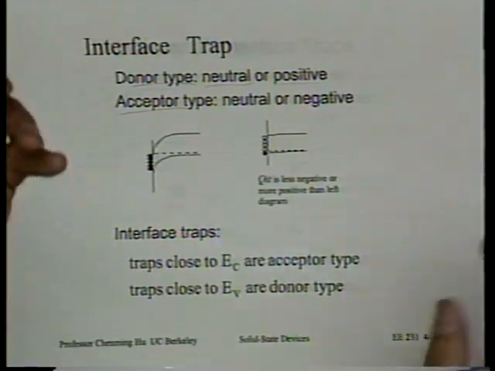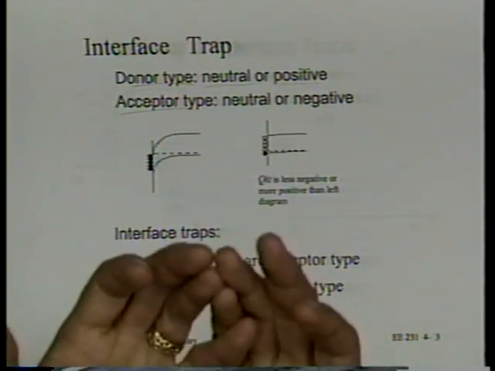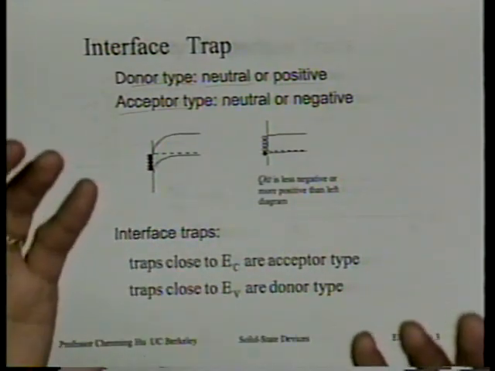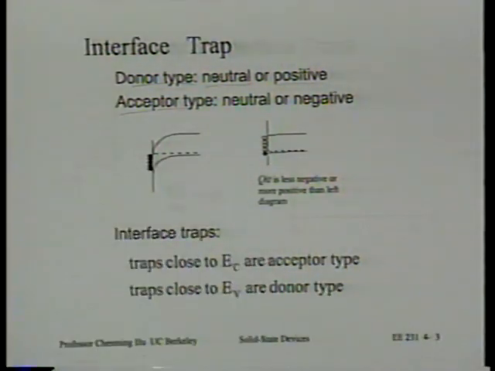If you think about a donor, it can be neutral. If it holds its original electron, the fifth electron stays with the phosphorus atom, then it's neutral, right? Think of a donor as a phosphorus atom. If it gives up that electron, it becomes positive, right? But this phosphorus atom will never become negative.